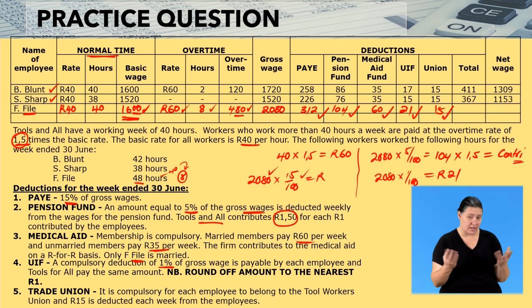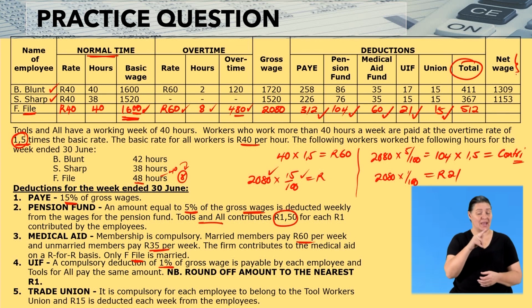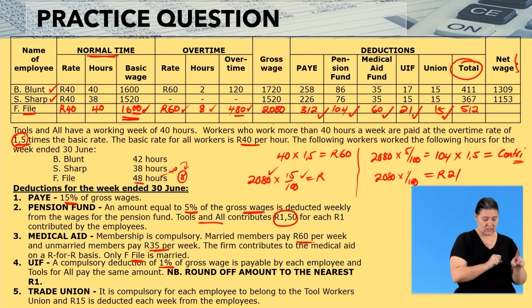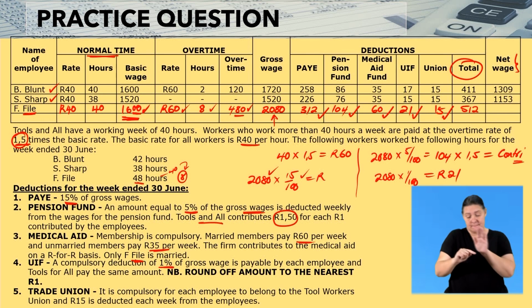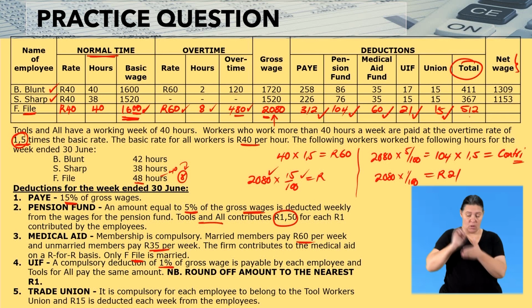Then the total is going to give you an amount, which is, how much do you get on the calculator? 512. All right? When you get this total, you can get your net wage. How do you get net wage? You say your gross, which is 2,080, minus your total deductions, 512.